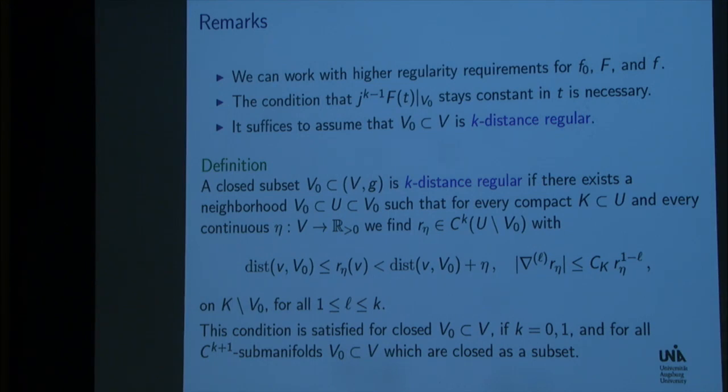Then this is true, but I think this is an open point, so to speak. It's not clear to us which closed subsets of a smooth manifold V have this property, that we can approximate the distance function by functions R_eta with these two properties.